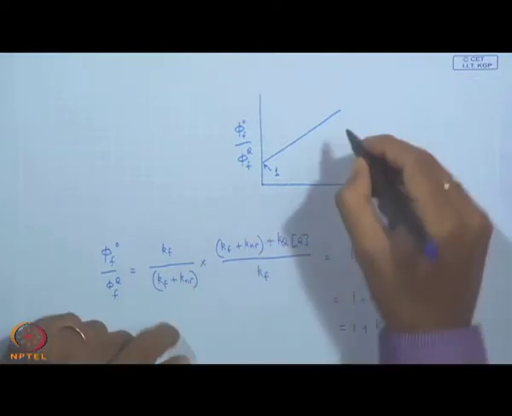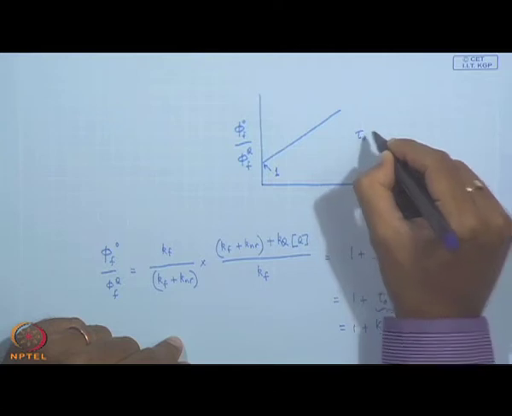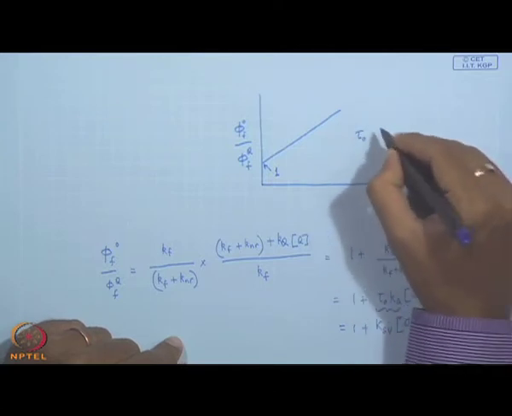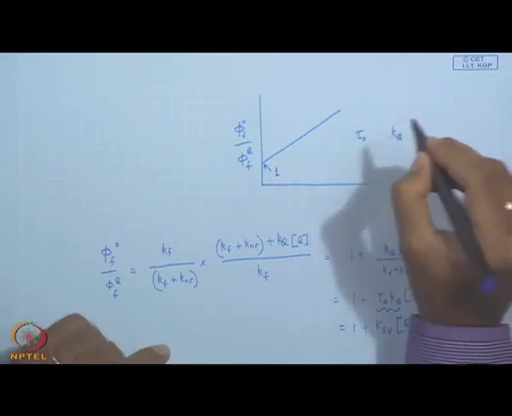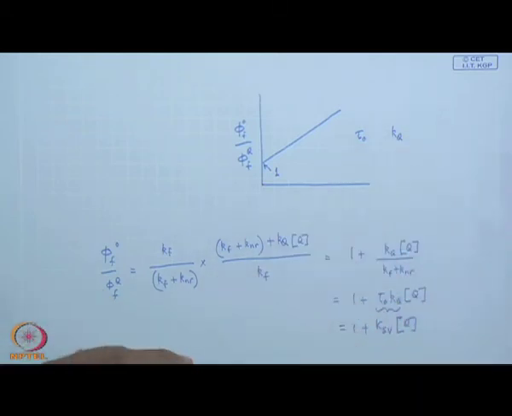If you have the information about tau 0, then from this slope and tau 0 you can find out k q, that is the rate constant for the bimolecular quenching process.